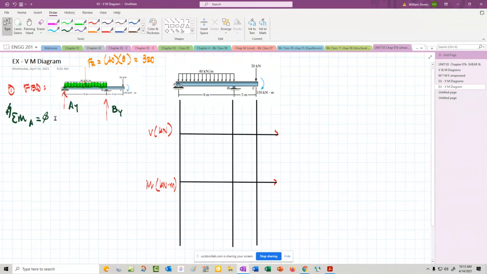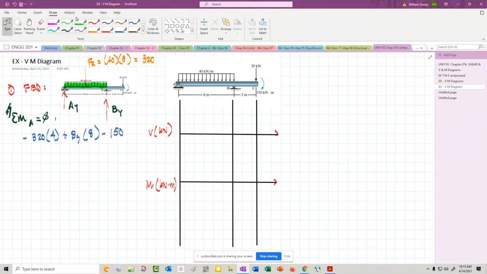And we will have, again, 40 times 8, that's 320. So the moment about A, that should be a minus 320 times half of that, which is 4. That's going to be a plus BY at 8, a minus 150.